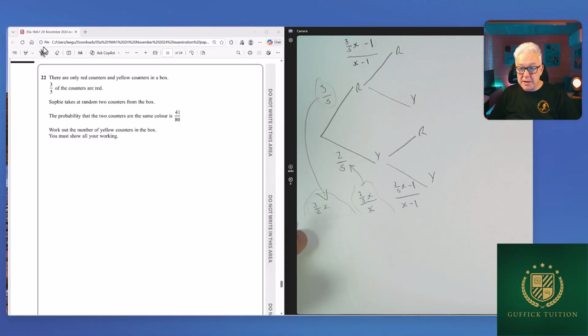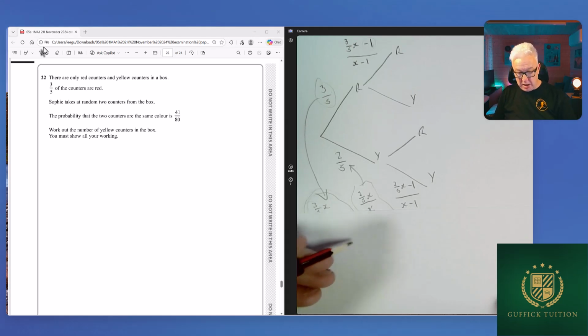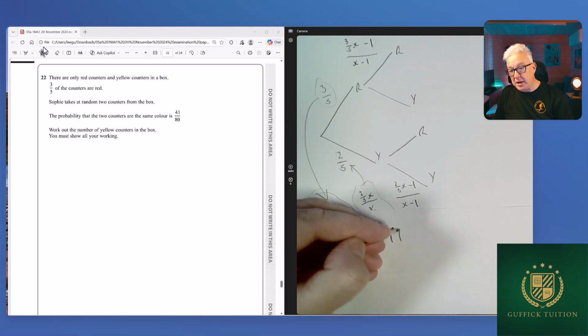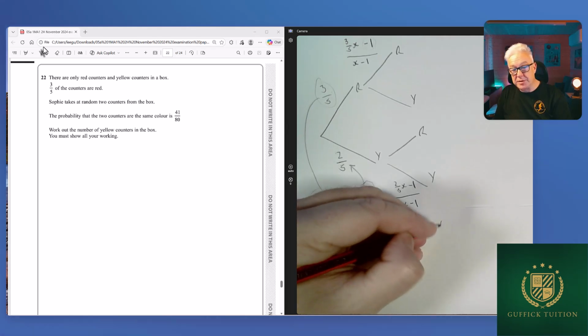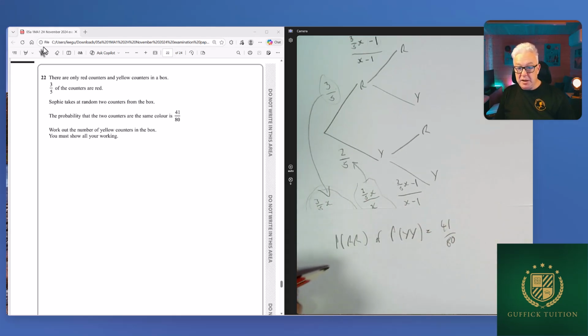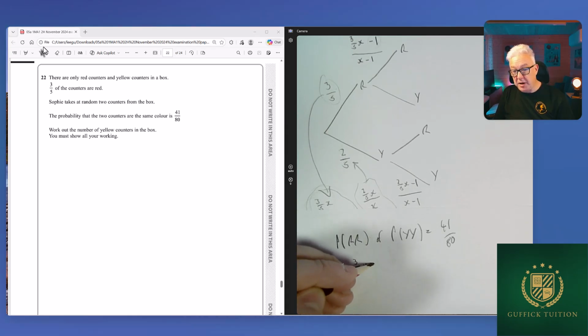So what we're saying is, the probability of red or the probability of yellow equals 41/80. Now red is going to be 3/5, because remember we multiply along the branches, 3/5 times 3/5 of X minus 1, over X minus 1.